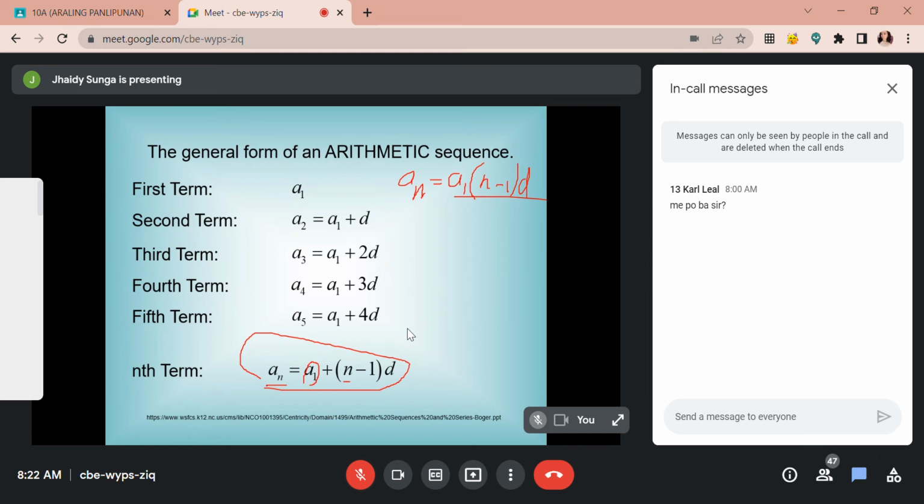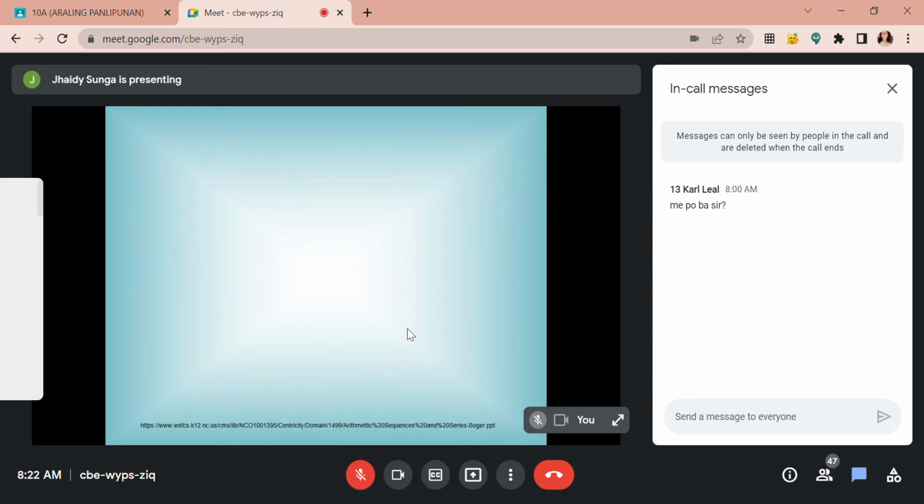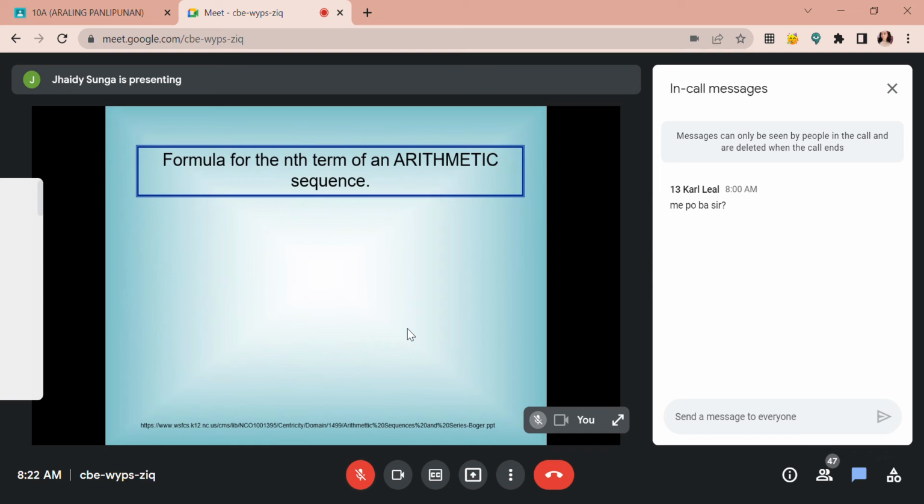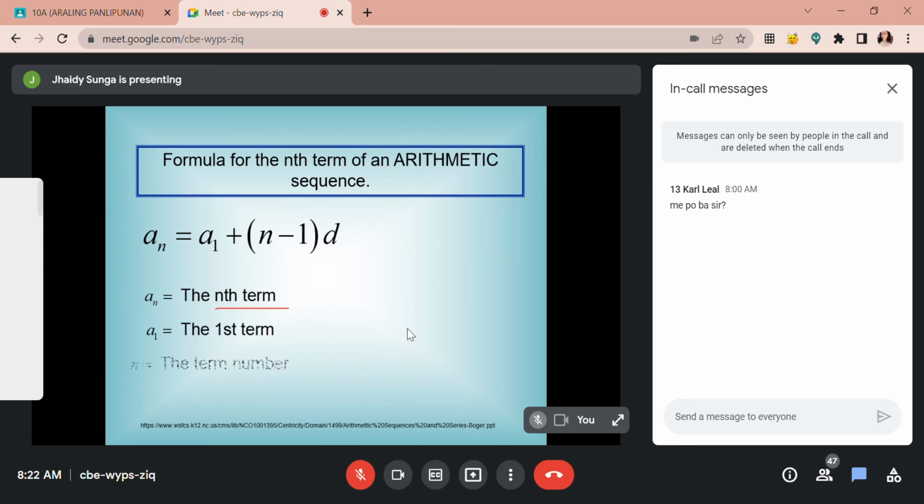So the formula of the n-th term of an arithmetic sequence is this one. A sub n is the n-th term, the one that we are finding. A sub 1 is the first term, n is the term number that we are finding. For example, if a sub n is 84, what's the term number of 84? It is 7. And d is the common difference.